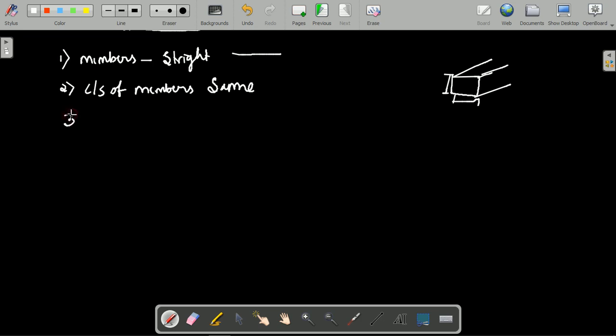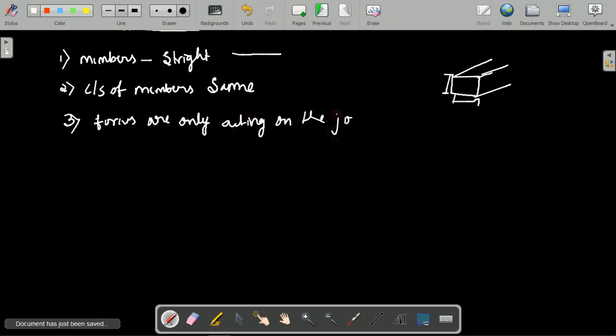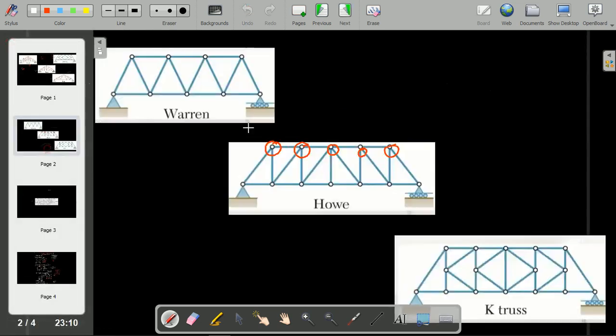And the third assumption, a very important assumption: forces or loads are only acting on the joints. Try to understand what it means. I have shown you the different figures. Whatever forces are there, they only act on a joint. So where the joints are, there we need to provide the loads or forces.